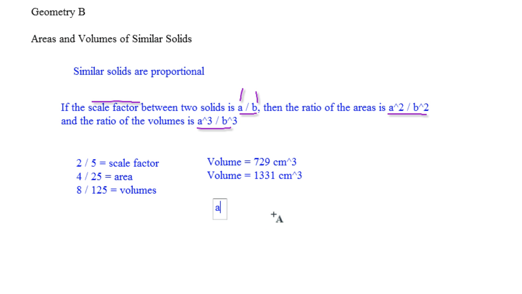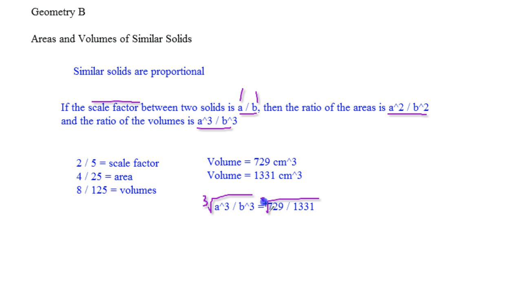I know that that's going to be A cubed divided by B cubed equals 729 divided by 1331. Now, to solve this and find the scale factor, I would have to cube root both sides.